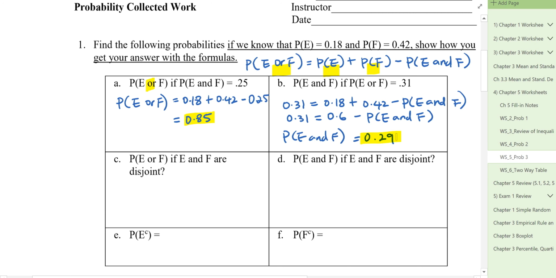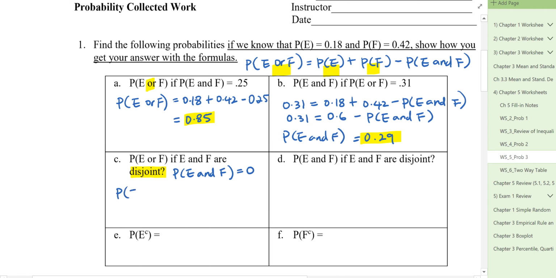Okay, and let's try C. So find P of E or F if E and F are disjoint. Again, disjoint means that there's no overlapping; mutually exclusive is another word for it. So if two events are disjoint, then I can say P of E and F is equal to 0. So P of E or F, I can just add using the same formula.